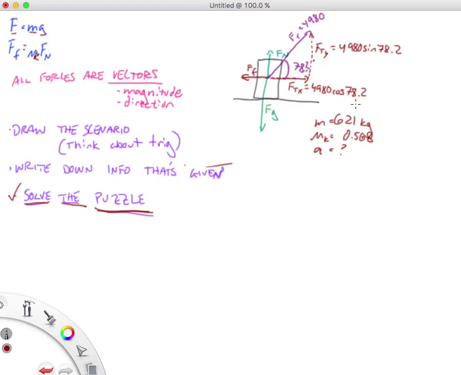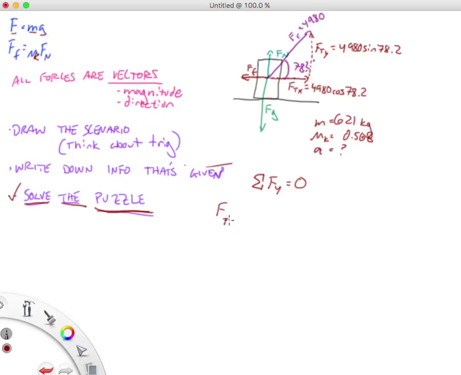So we were given kind of like the lead in this puzzle here. We know that this basket is not going up and down, so the sum of all the forces in the y direction is 0. So if we add all the forces up in the y direction, I'm just going to write out all the forces.